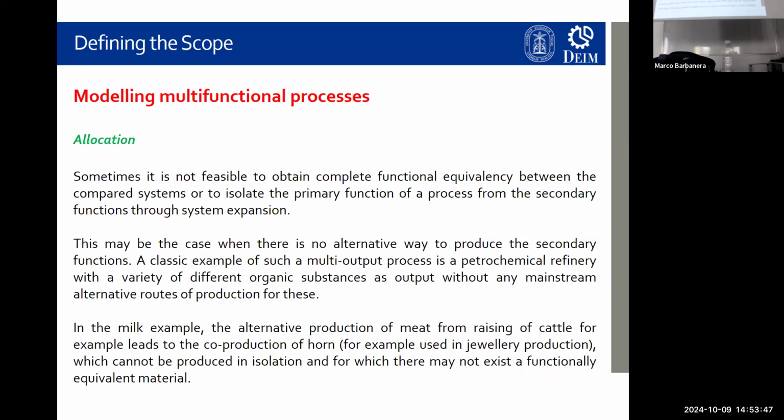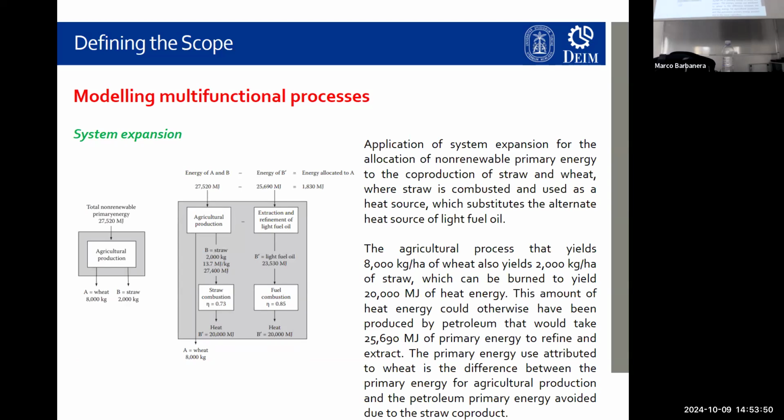So in the case of wheat and straw, if we want to apply the economic criteria for the allocation approach, we have to calculate the ratio between the economic value of 8 tons of wheat divided by the economic value of 8 tons of wheat plus the economic value of 2 tons of straw.